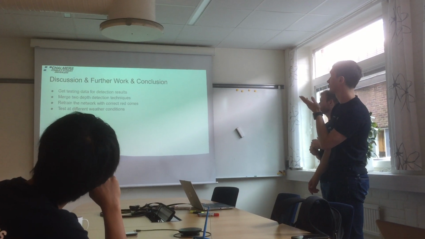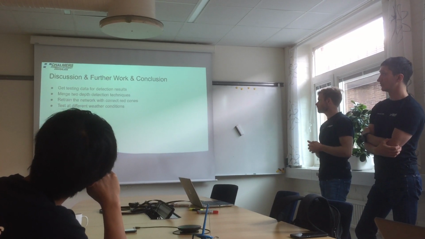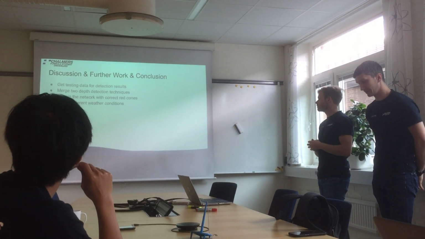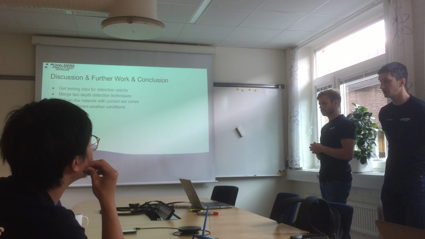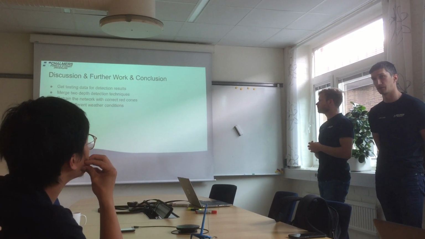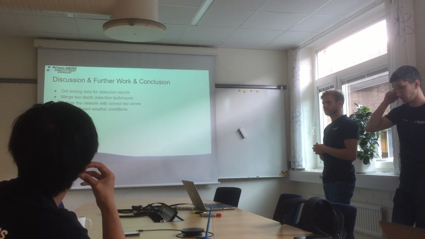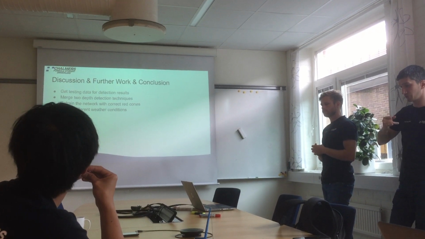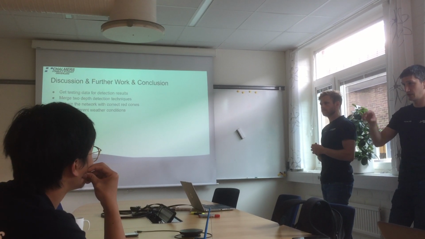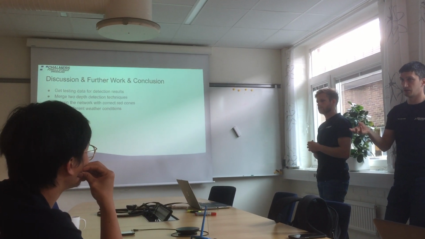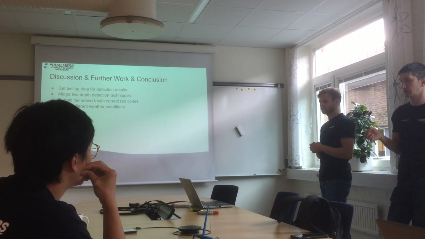And with discussion, well, we need to get the testing data now for detection results, and we really think that we will benefit from merging 2 depth detection techniques, if not 3, because Olin came up with one more depth detection technique. It seems that the closer the object is, the worse the prediction of depth by size is, but at the same time, there's a big chance that the depth camera is already giving a decent result in that regard.